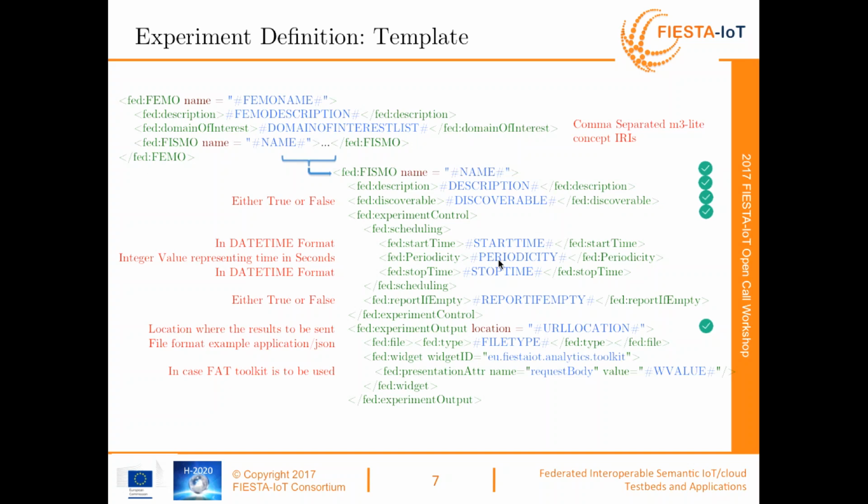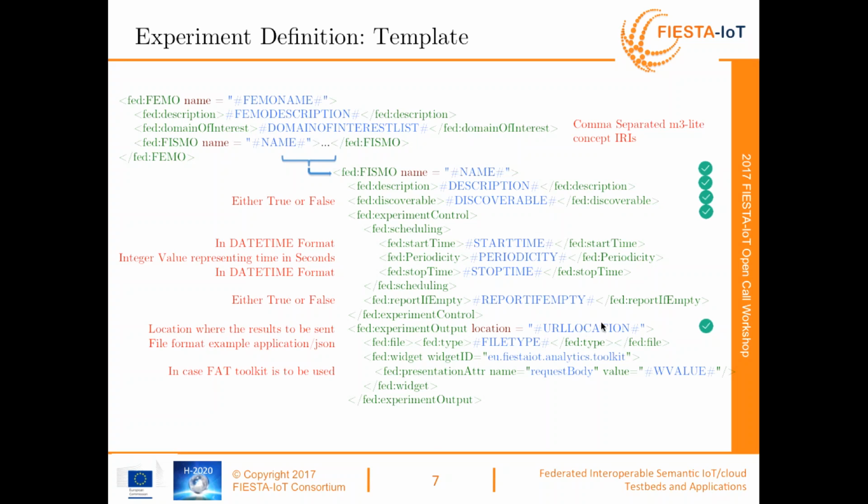In FISMO, you need things like whether it's discoverable, which is true or false, and the scheduling parameters, which are important: the start time, stop time, and the periodicity, and the URL location, basically where the data for the generated query should be sent to. So this should be provided.